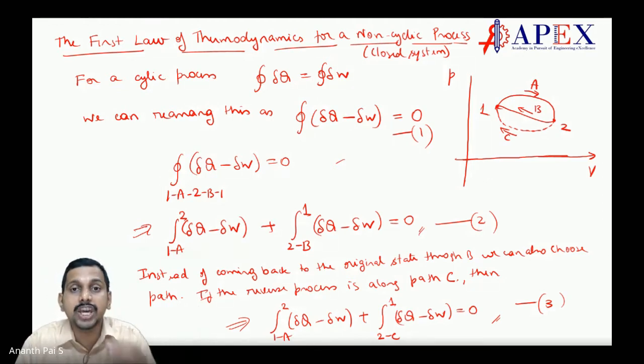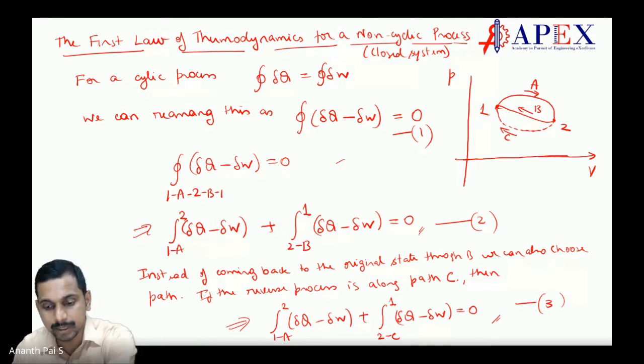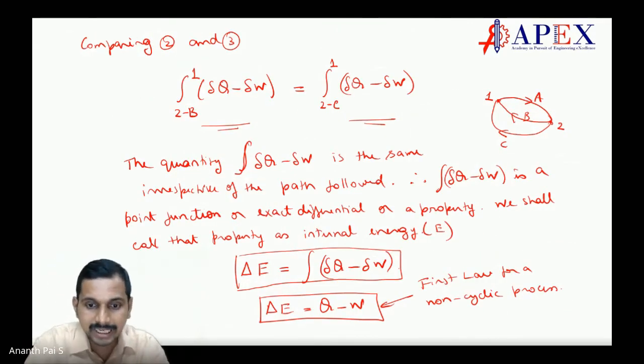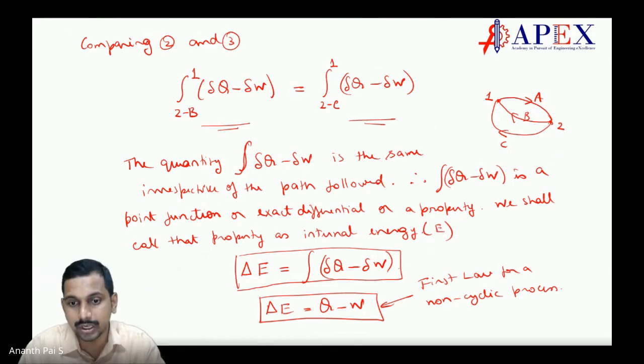If the change of a particular quantity does not depend on the path, then it is a property, correct? It is a property, or it is an exact differential, correct? We have done it last class, you remember, correct? So that exact differential is called, I said internal energy, cut it.